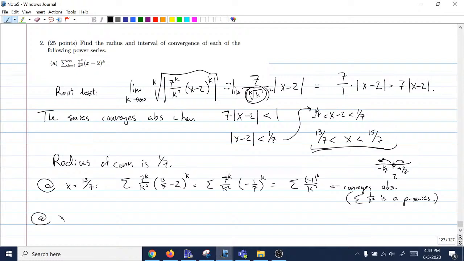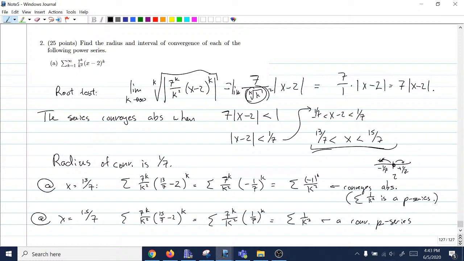What's happening at x equals 15/7? I get the sum of 7 to the k over k squared, 15/7 minus 2. I subtract those, I get the sum of 7 to the k over k squared, 1/7 to the k. This is just the sum of 1 over k squared. It's not even an alternating p-series, a convergent p-series.